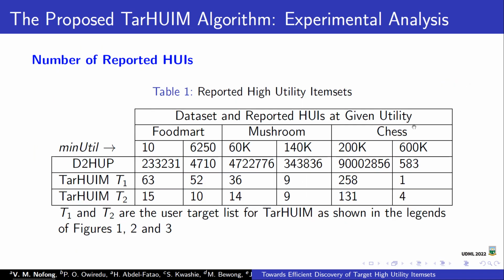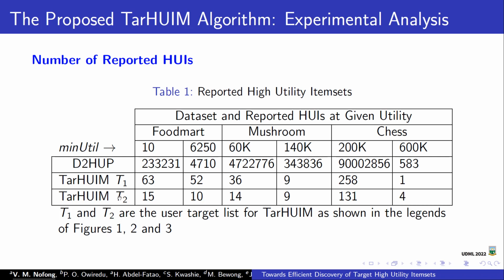This table is simply showing the reported high utility item sets, what we obtain if we use the target of the user versus what would be returned, among which the user would then have to search for the high utility item sets that contain the targets of the user.